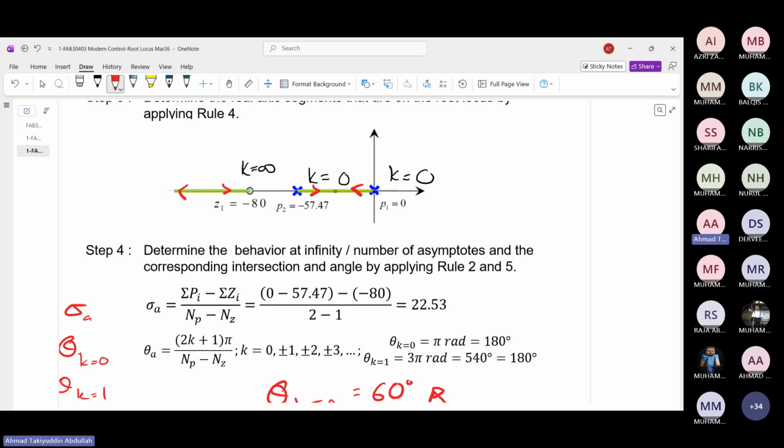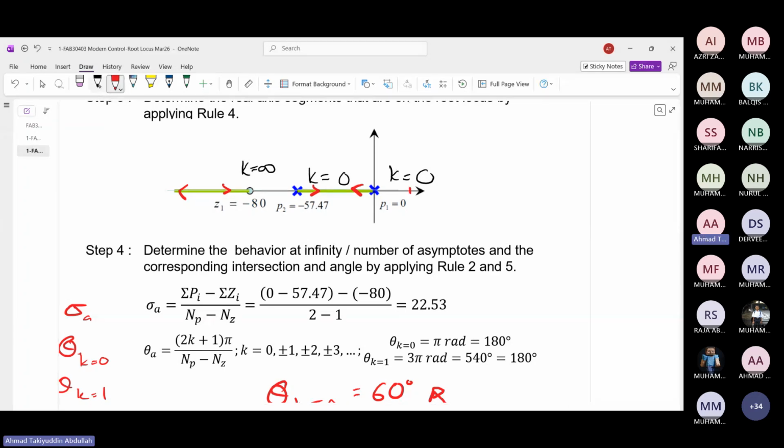What we have for sigma A will be plus 22.53. So it's going to be about half or less than half of this. So I can just take it to be here. This is going to be the point.